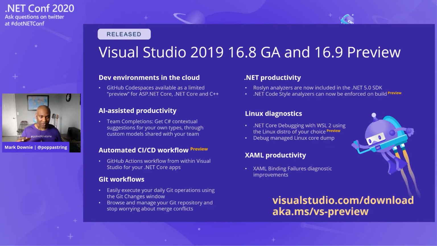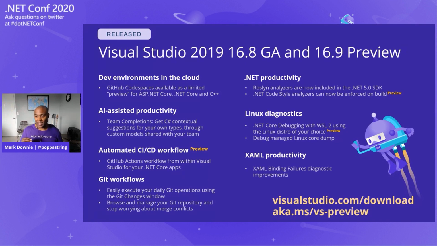So you can think about your CI/CD and your DevOps scenarios directly in Visual Studio. Git workflows are amazing. Again, I am doing most of my open source work with GitHub using Visual Studio now. I don't need to do the command line stuff anymore. I think you'll love that.